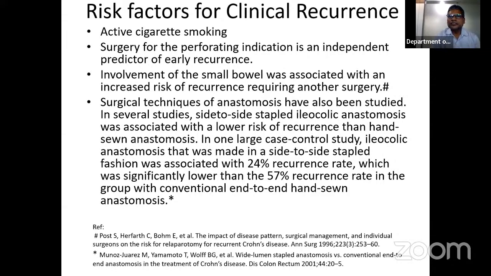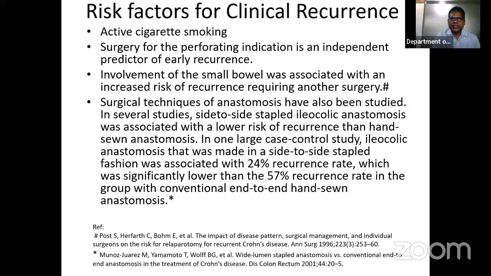If at presentation the patient presented with perforating Crohn's disease in the form of fistula and surgery was undertaken, then it becomes an independent predictor for early recurrence. Involvement of the small bowel was associated with an increased risk of recurrence requiring another surgery. That is the third risk factor.